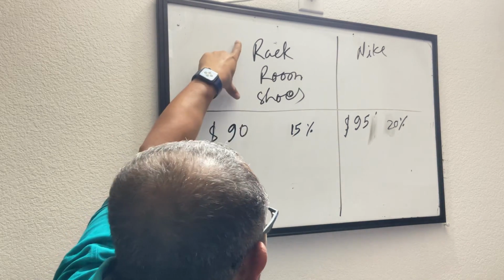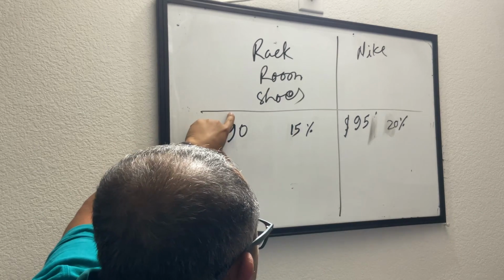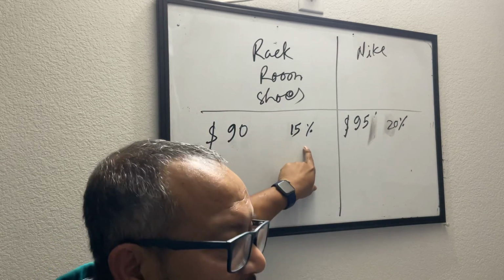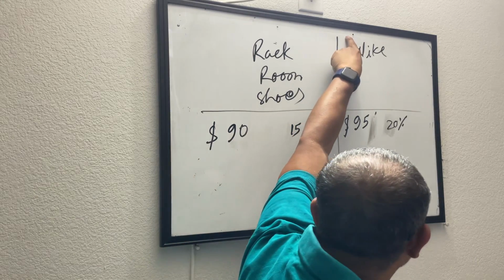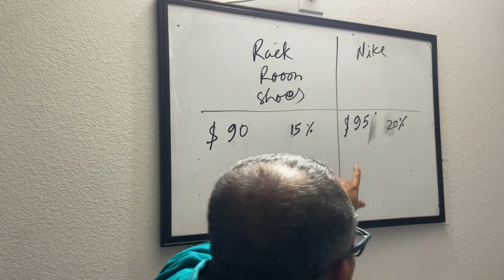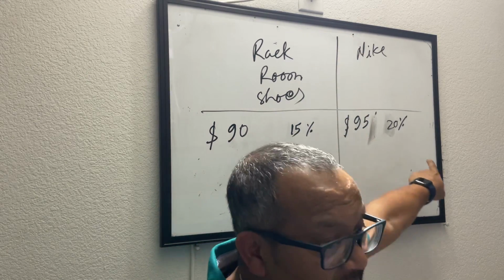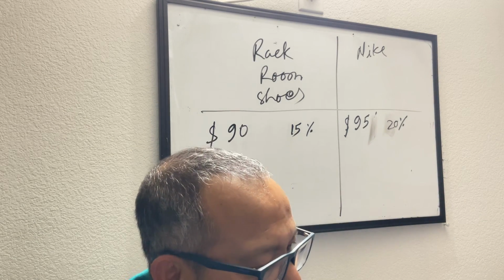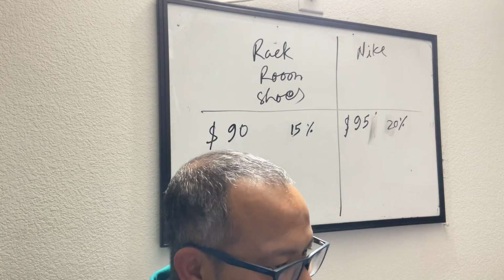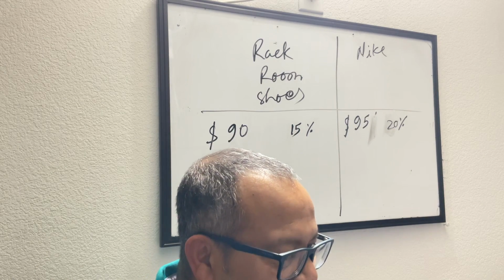Rack Room Shoes says $90 is the sticker price and I'll give you a 15% Thanksgiving discount. The Nike store says the sticker price is $95 but I'll give you a 20% discount. Which place to buy the shoe? Which is giving you a better price?